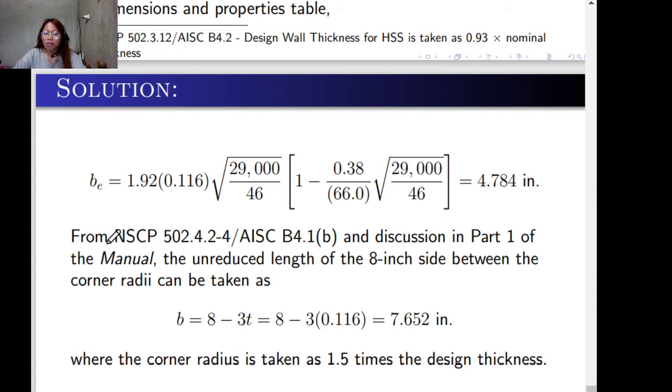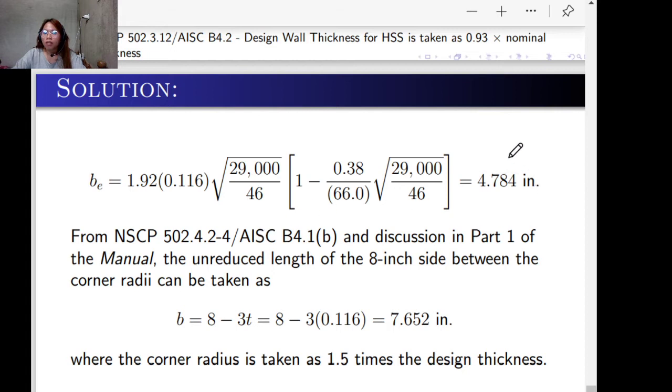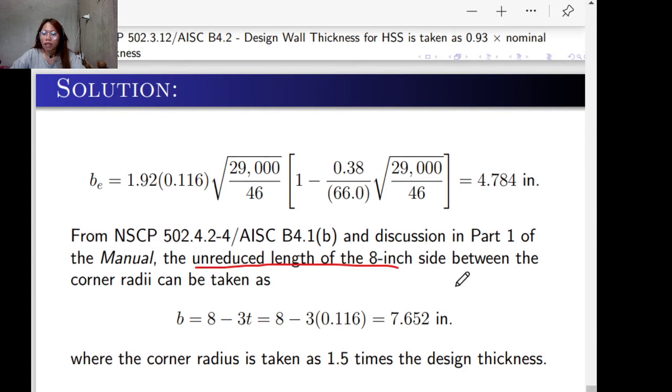This is actually from NSCP 502.4.2-4, which we can look at in the NSCP. From this provision, we get b, the unreduced length of the 8-inch side of those rectangular shapes.